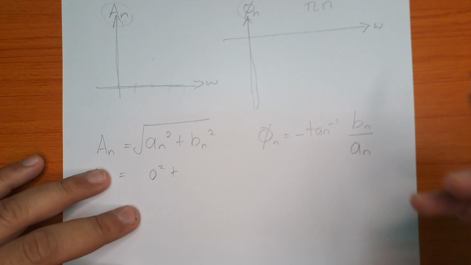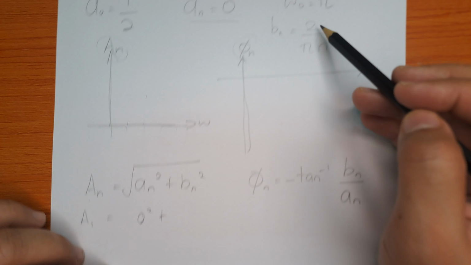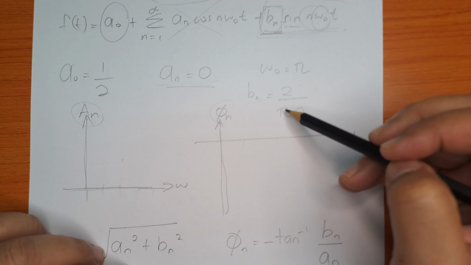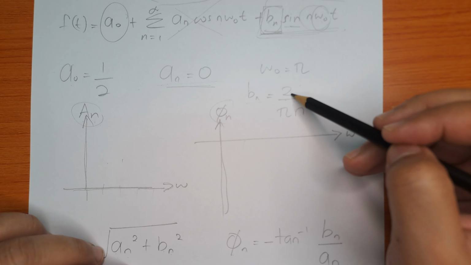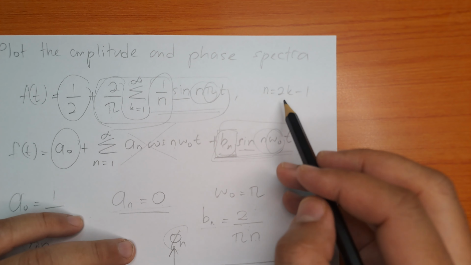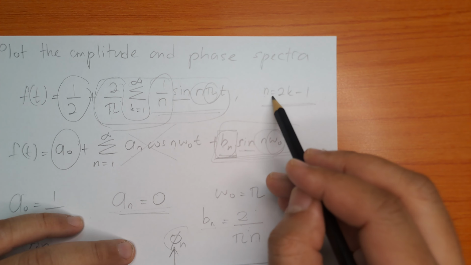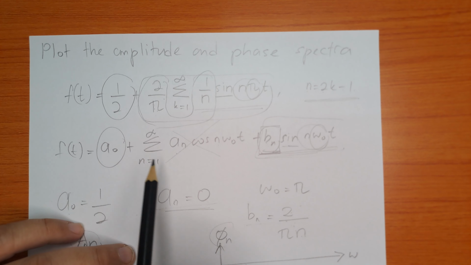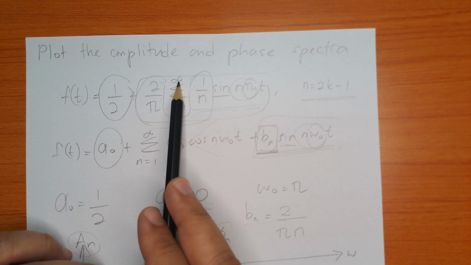Now bn, what about bn? Bn is 2 over pi n. However, we have to carefully look at the equation. We have this term, n is equal to 2k minus 1. And looking at this equation, our k is from 1 to infinity.